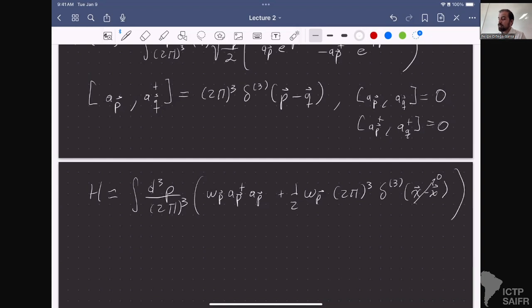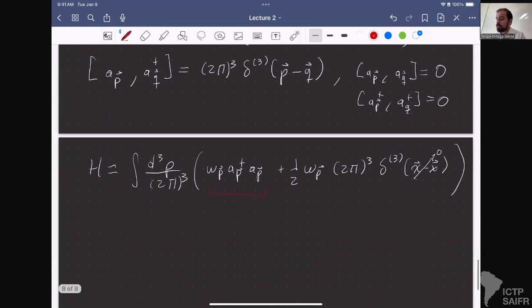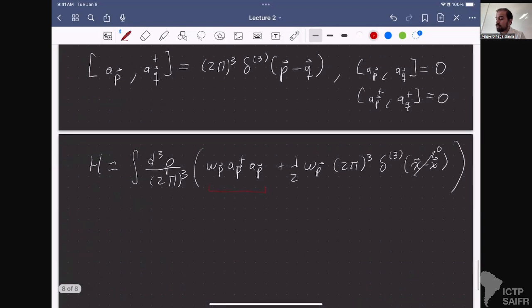Yeah. So the first term is easy to interpret. Let me just think about the first term for a second. If you remember, I defined earlier a number operator, which in this case depends on momentum, and it's going to be a p dagger a p.